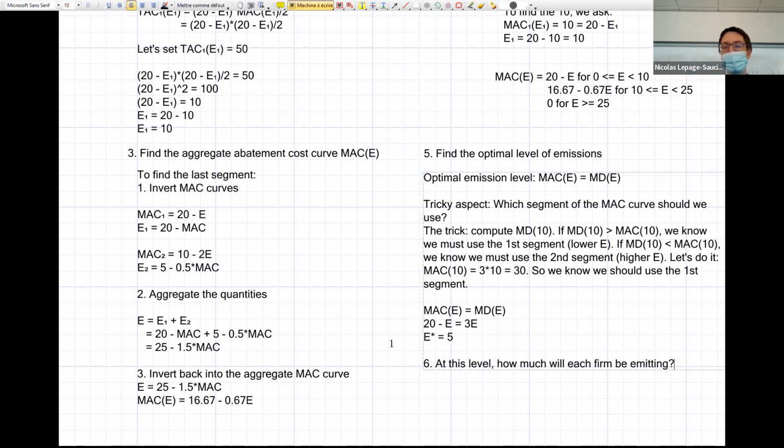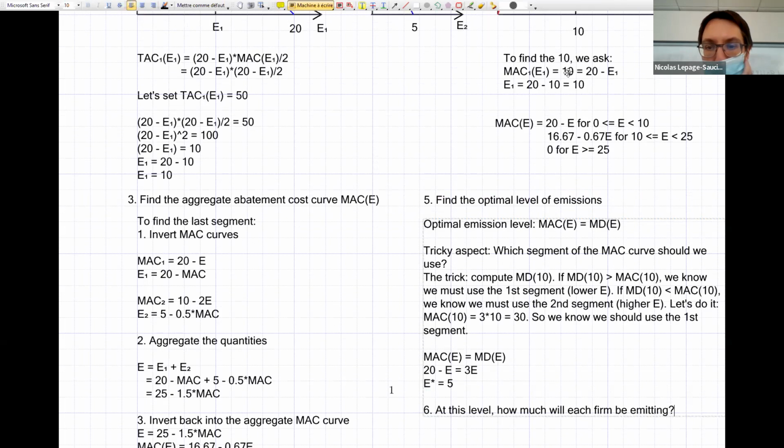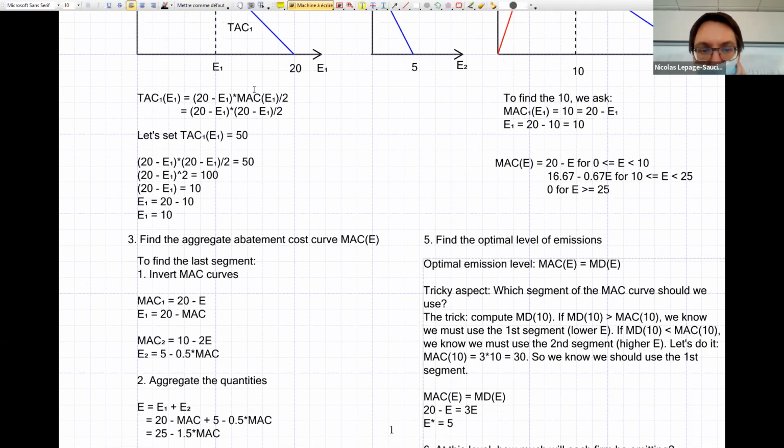Let you think for a while, and then when somebody knows the answer, you can tell me. Yes? 15. How do you know it's 15? 20 minus 5? Why would you do that?